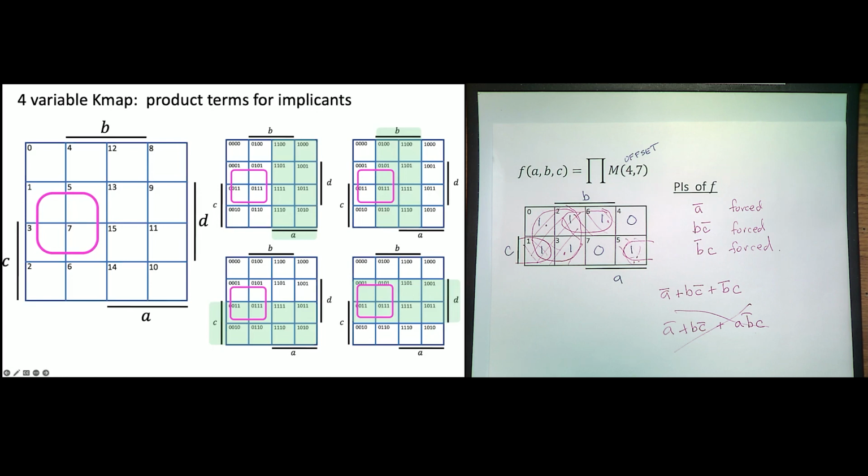All right, so what's our product term? Okay. You can certainly have D, A bar. I like to keep them in order of the variables because that prevents me from listing one twice. It's a strategy, but not required.